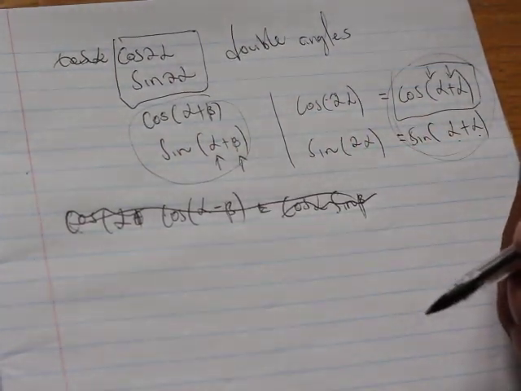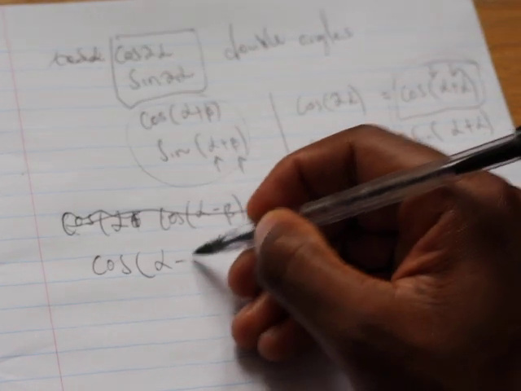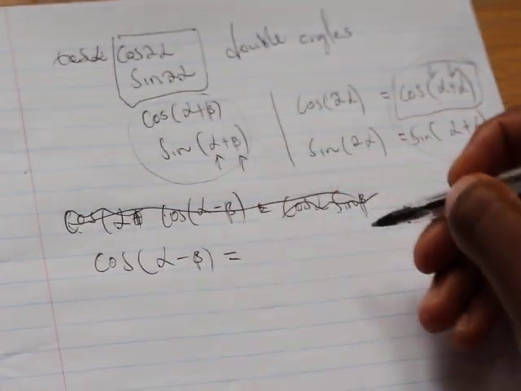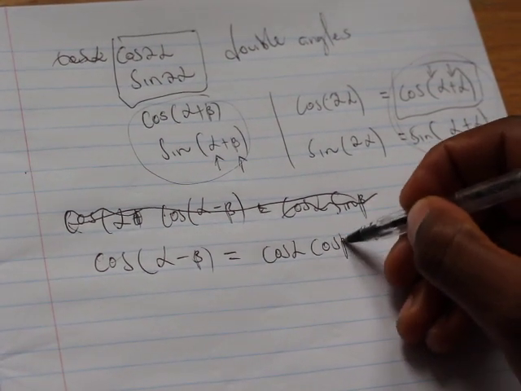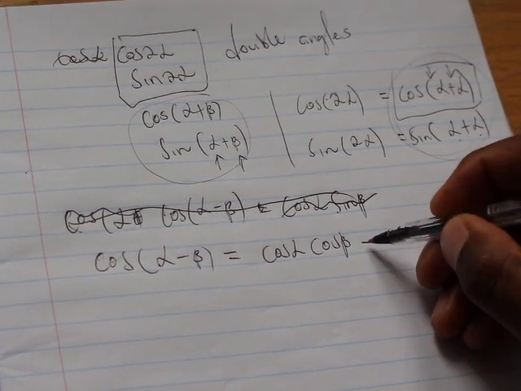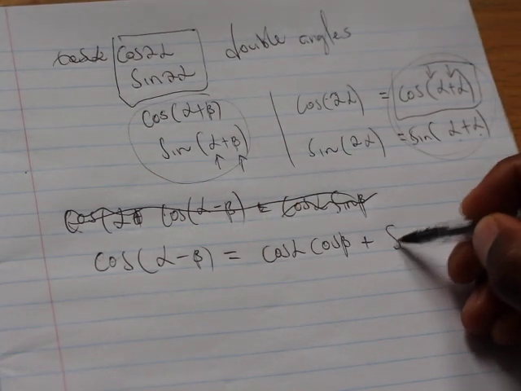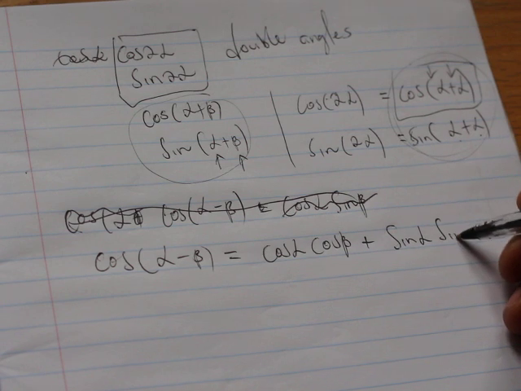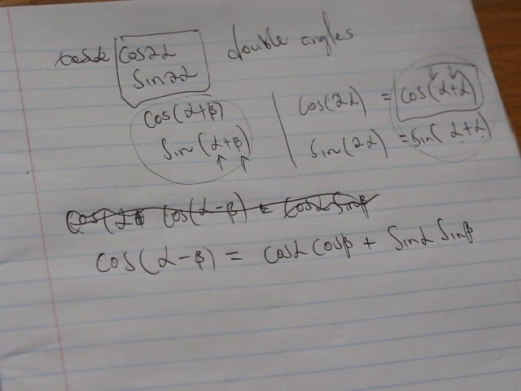Today I'm so full of mistakes. I don't know what's going on with me. But anyway, the cosine of alpha minus beta is equal to cosine of alpha, the cosine of beta, minus, it's not minus, it's plus, because here it's minus, here we're going to say plus, and then the sine of alpha, the sine of beta. So this is the identity, you guys.